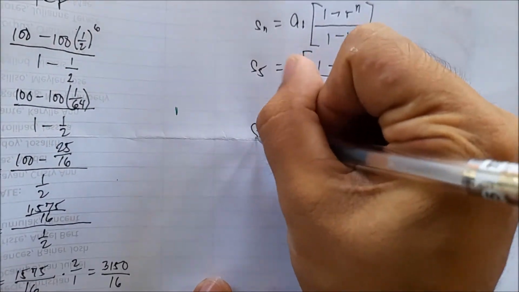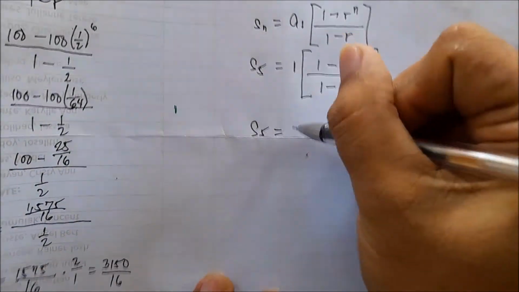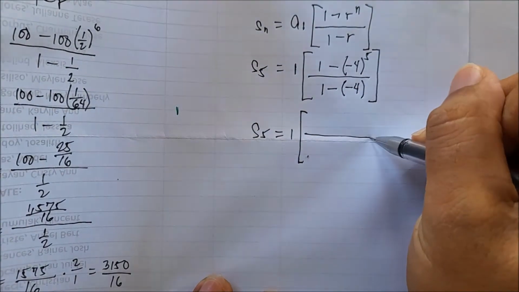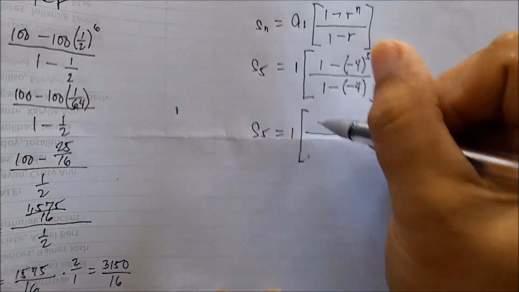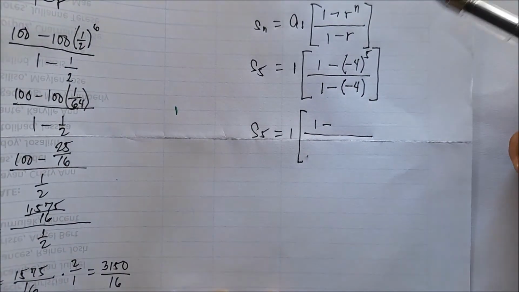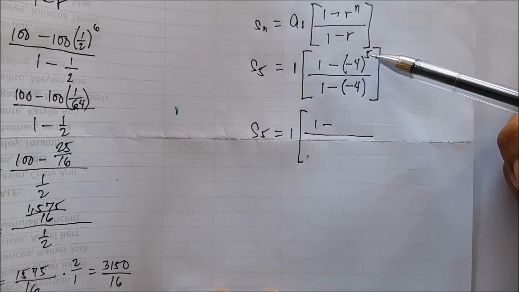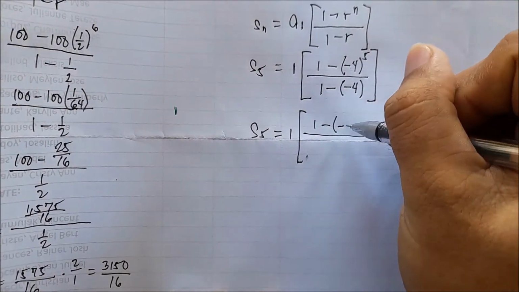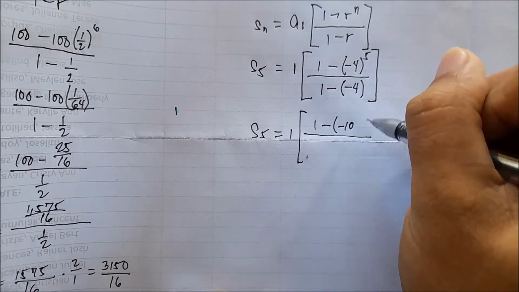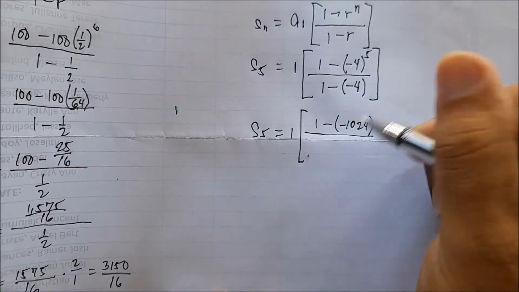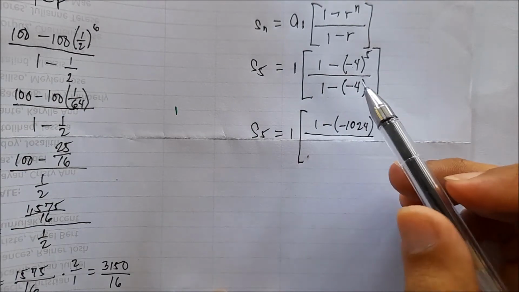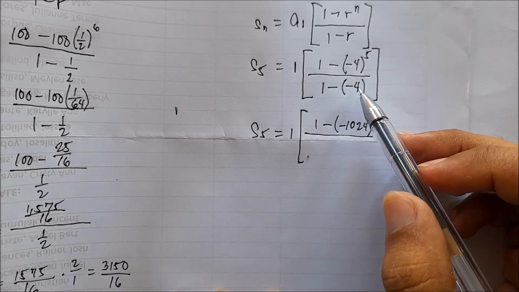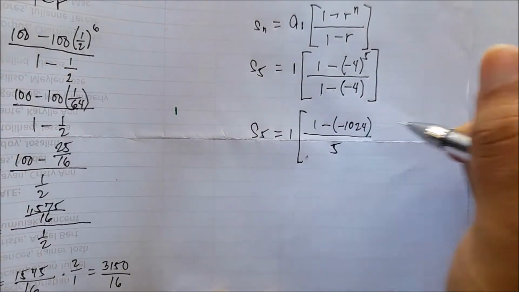And equals S sub 5 equals 1 times. First, solve negative 4 to the power of 5, which is equal to negative 1024, and 1 minus negative 4 is equal to 5.